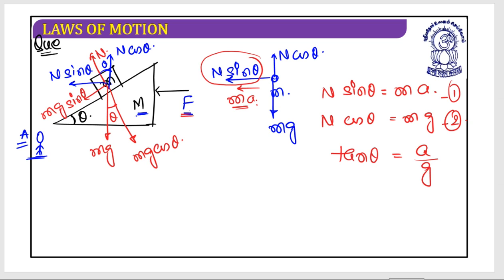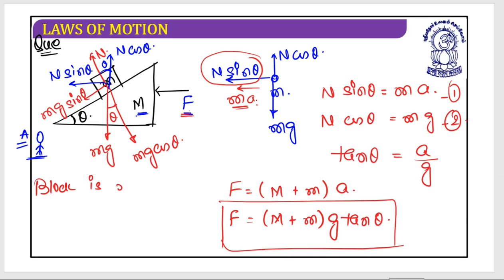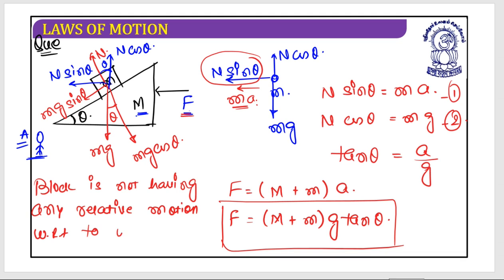So the force that is acting, F is equal to (M plus m) into a, and this a could be represented as g tan theta. So if I am able to apply this force, F equal to (M plus m) into g tan theta, then the block is not having any relative motion with respect to the wedge.